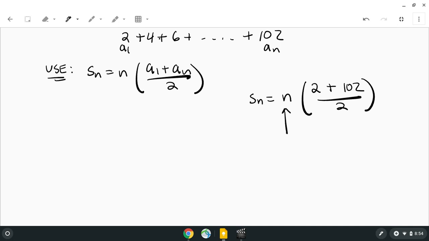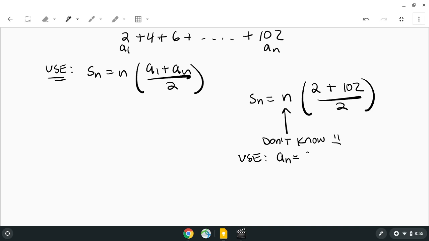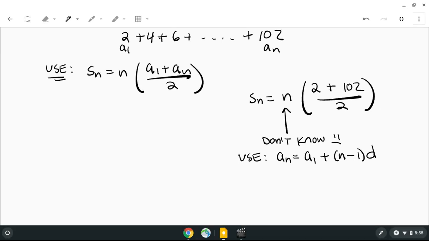Let me help you out. We have the AN formula, and this formula uses A1, n, and d. We should be able to find all of those things.